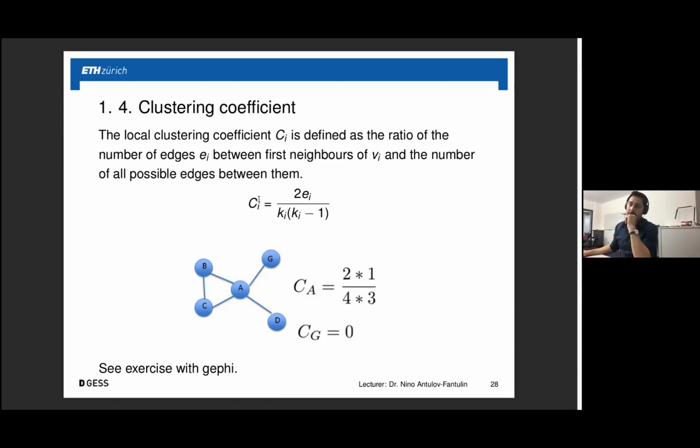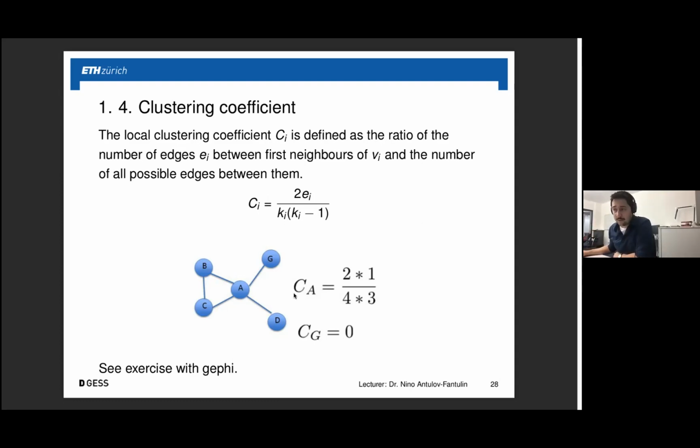So the definition of the clustering coefficient is the number of edges we have in our first neighborhood, divided by the total number of possible edges. That is essentially this factor here, k_i choose 2.